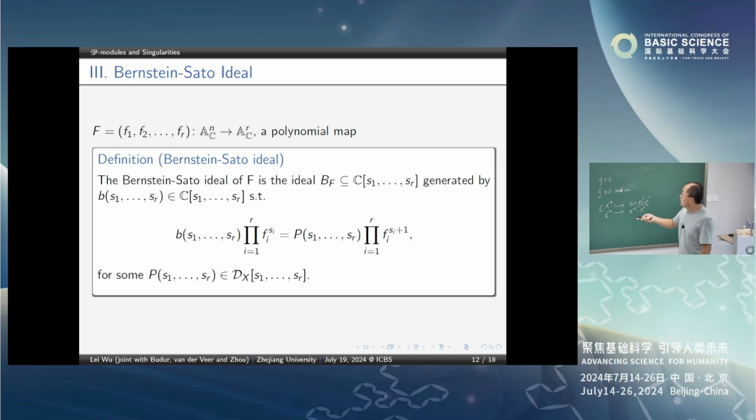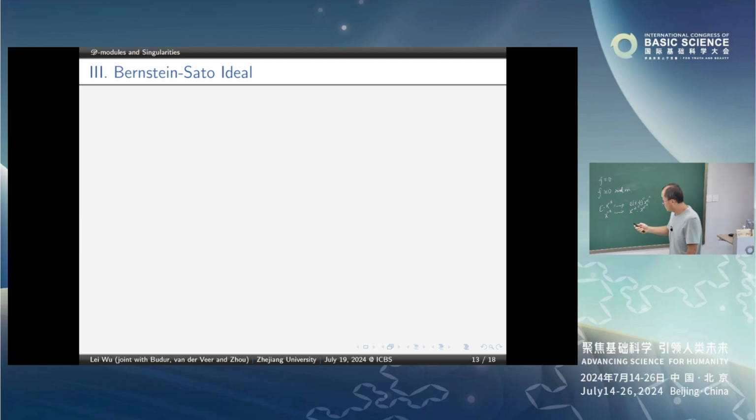Then define the Bernstein-Sato ideal, because now we have more than one component, so we need to introduce more than one variable. But we can similarly write down the functional equation, and then use the same rule to define Bernstein-Sato ideals. Okay.